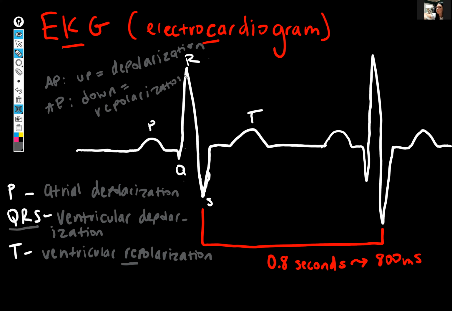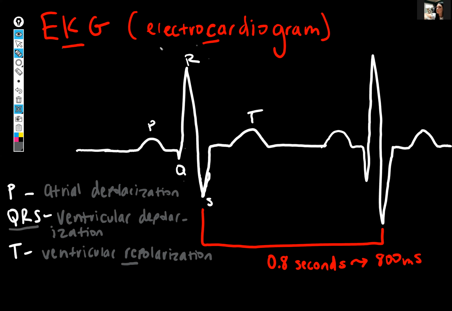So because of those things, which is true for action potential graphical representation, students tend to assume that the EKG wave pattern is the exact same thing. It's not. Because over here, we've got T wave, and it's going up, but it's repolarization, not depolarization. So the whole up equals depolarization and down equals repolarization thing does not hold for the EKG wave trace.